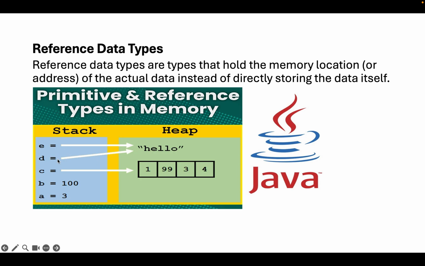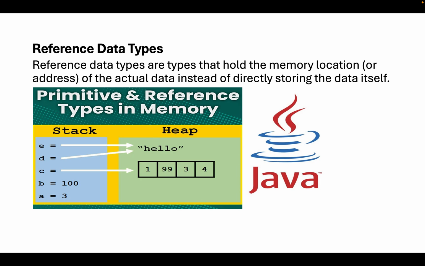D is also pointing to a memory location, but this is not an array, this is a string. E is also pointing to another memory location, also a string. So we could classify D and E as the same. They are all pointing to hello in the heap.